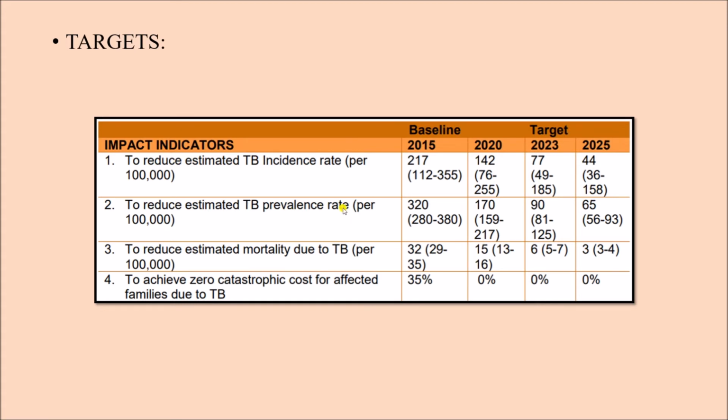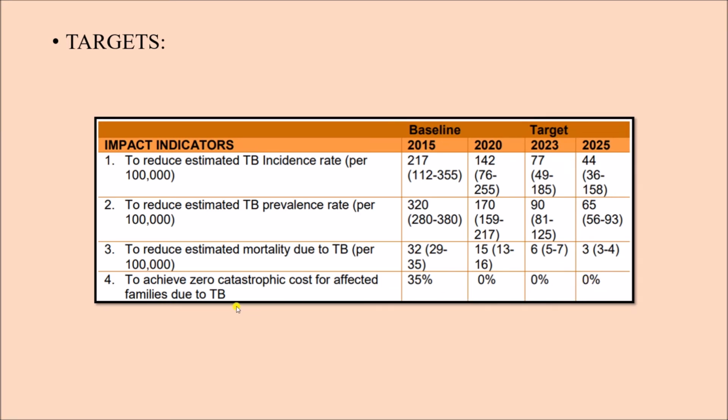TB prevalence rate per 1 lakh population to be reduced from 170 in 2020 to less than 65 in 2025. To reduce estimated mortality, that means death due to tuberculosis per 1 lakh population, it is 15 in the year 2020, which has to be reduced to 3 or less than 3 by 2025. And also to achieve zero catastrophic cost for affected families due to TB.